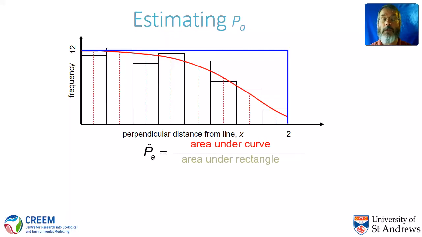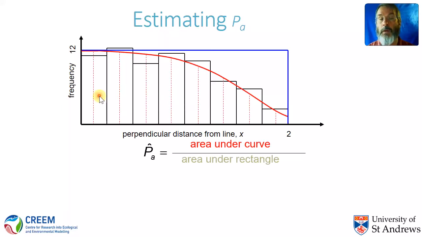If you understand the arguments that I made on the previous slide, then this formula represents the proportion or the probability that animals that live within the covered region of your survey are detected by you: the area under this red curve divided by the area of the blue rectangle. So P sub A is a function of this histogram of perpendicular distances that you record.